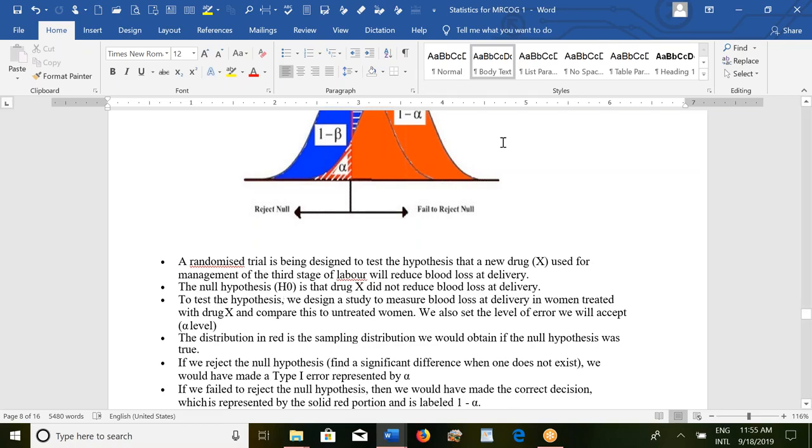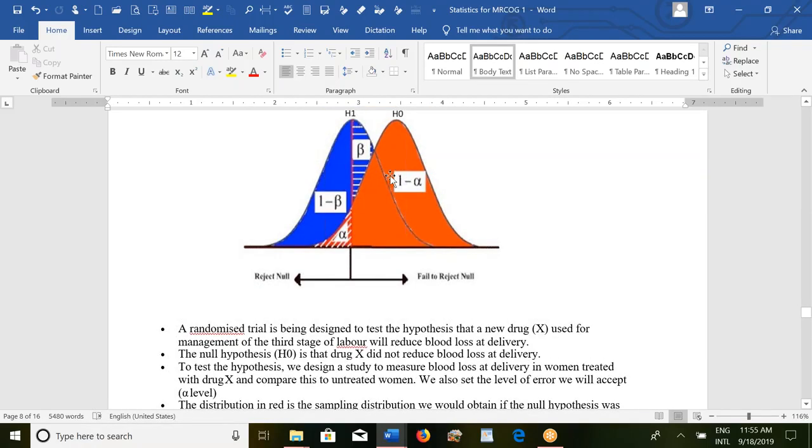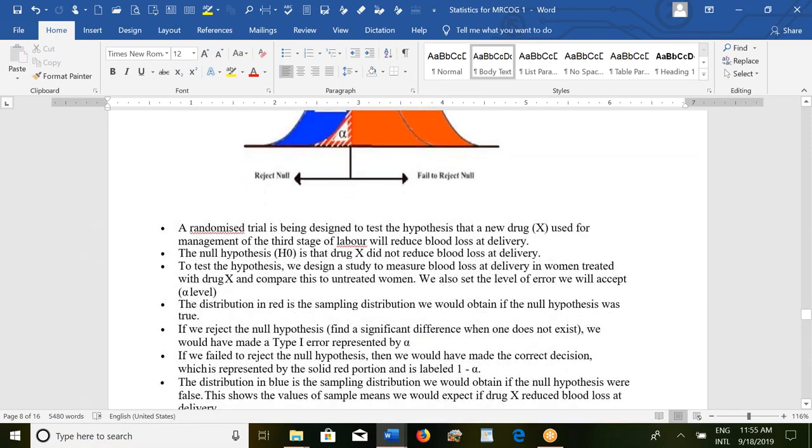So the distribution in red is the sampling distribution we could obtain if the null hypothesis was true, that there is no difference. If the null hypothesis is true, you are going to get this one, and alpha is the expected chance of error, the chance of something which is not confirming our assumption.